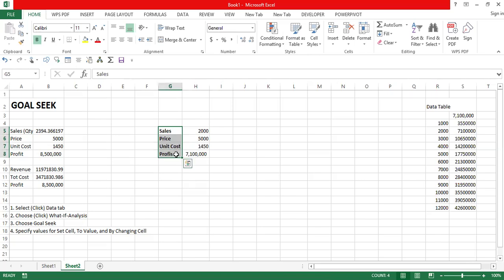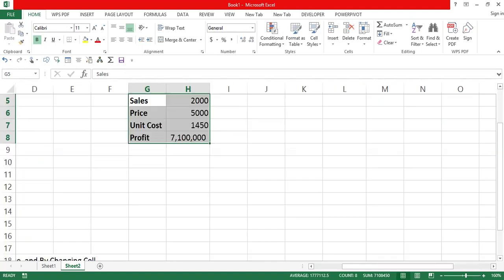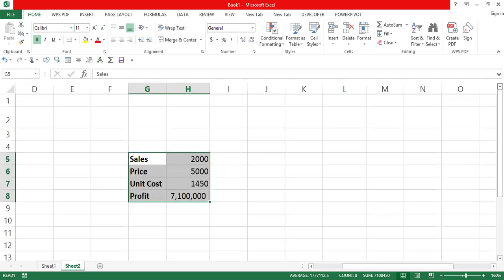What is this data about? It's about some products.